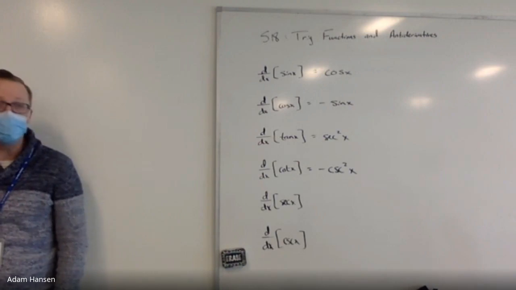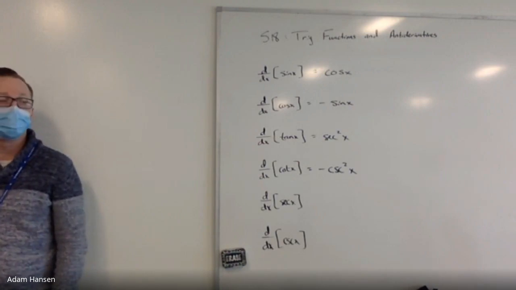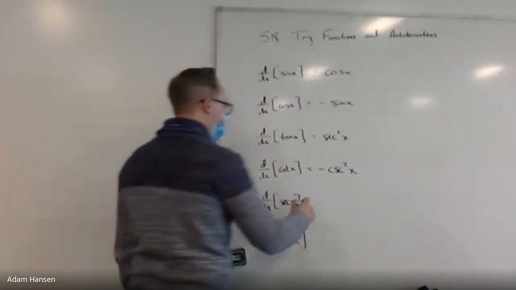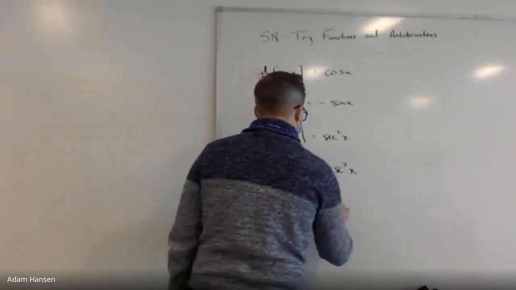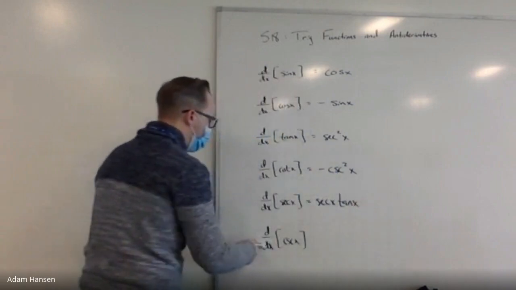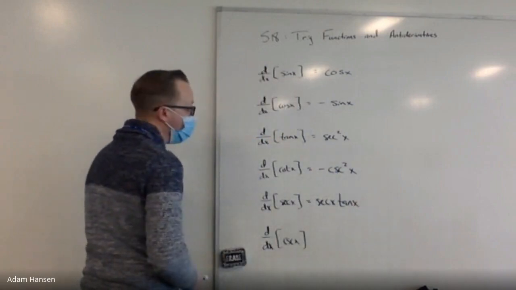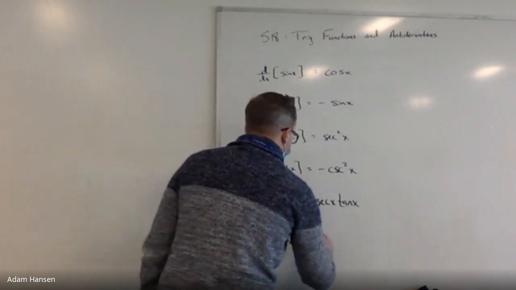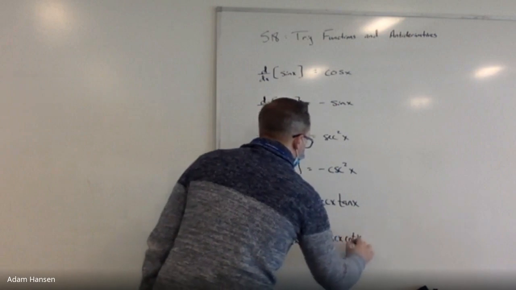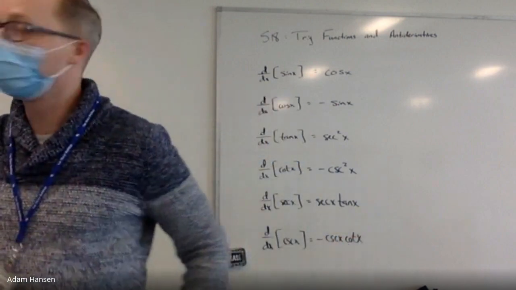Remember the derivative of secant x? Secant x tangent x. Cosecant x is the negative co-function, so negative cosecant x cotangent x.